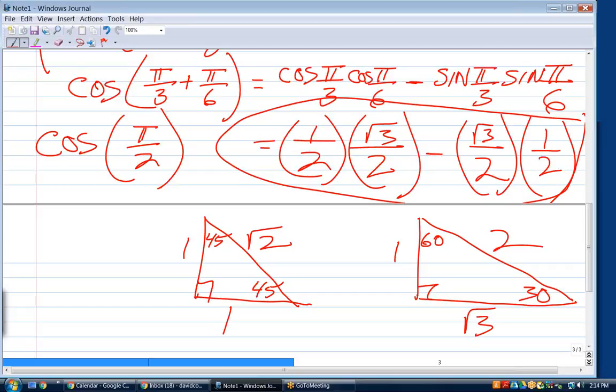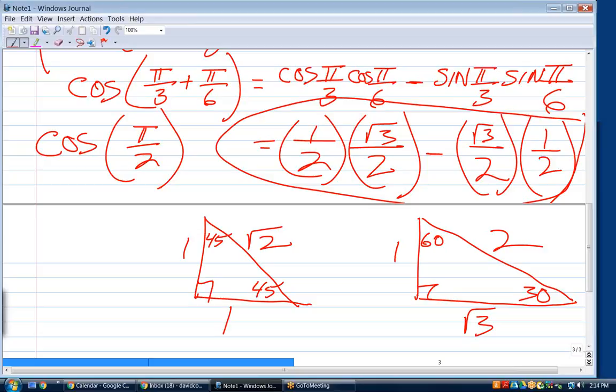So that would be root 3 over 2. Correct. In other words, these two triangles will answer all 6. What's the tangent of 45 degrees? SOHCAHTOA. It's the opposite over adjacent. 1 over 1. Right.